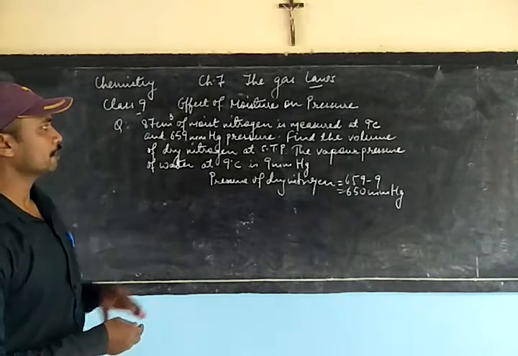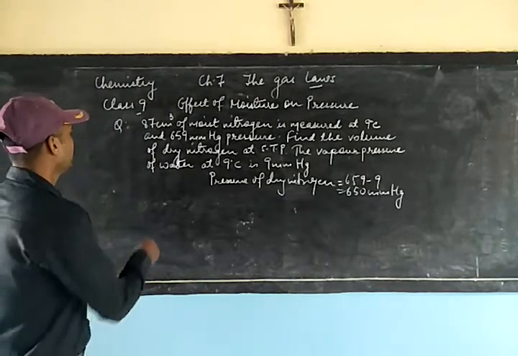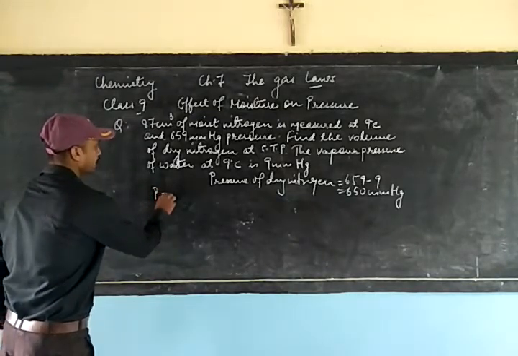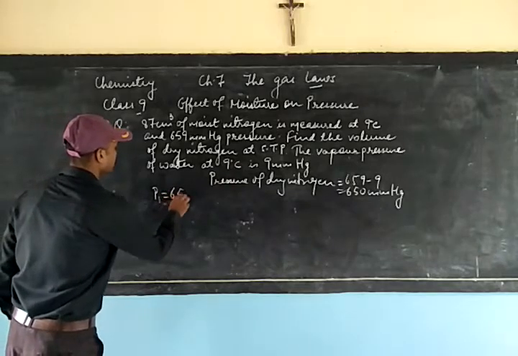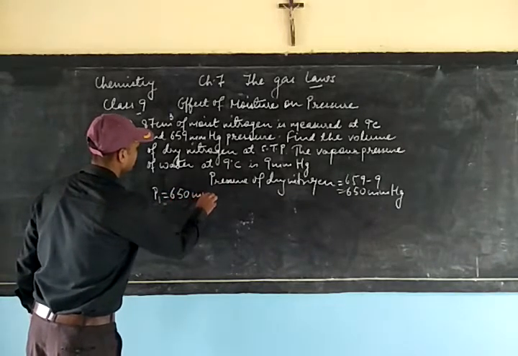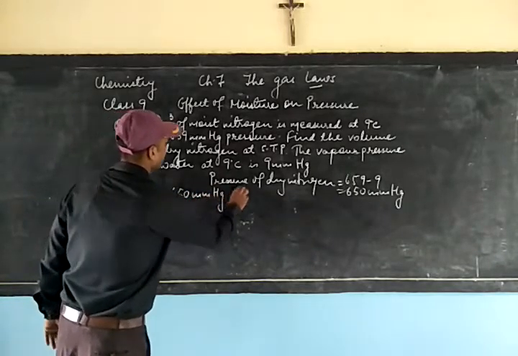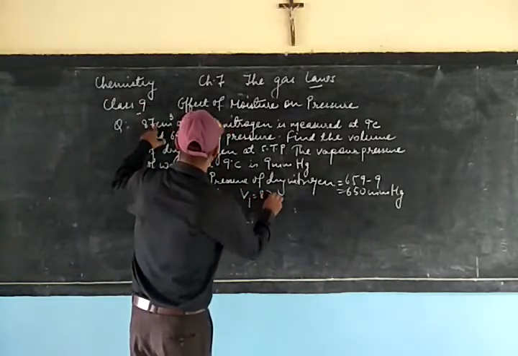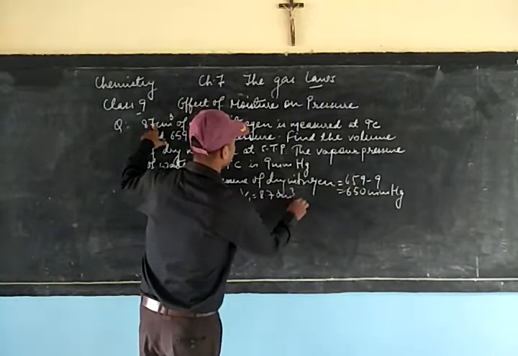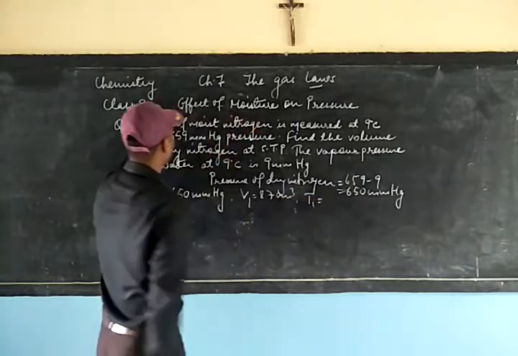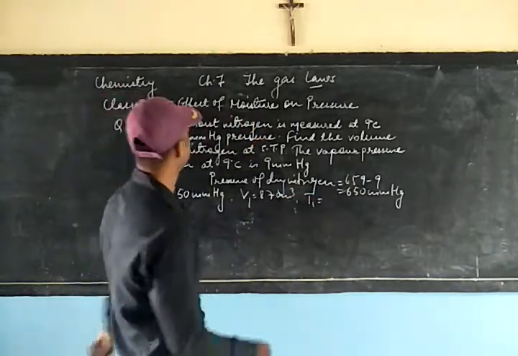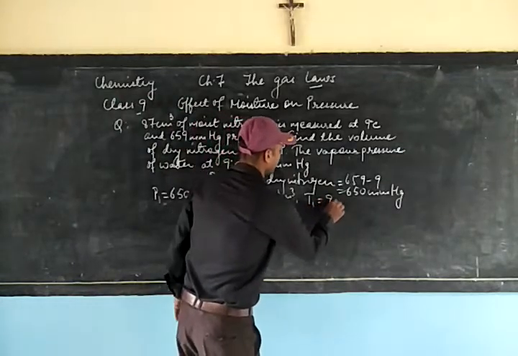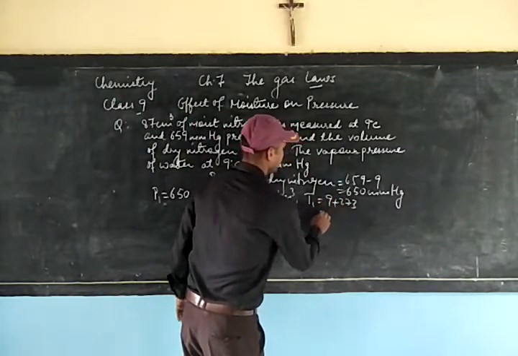Now we can write all the information given. P1 we have already calculated as 650 millimeter mercury. Volume at this condition is given 87 centimeter cube, and temperature is given 9 degrees Celsius, which can be added to 273.